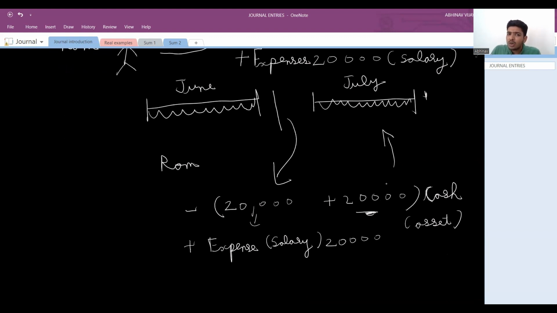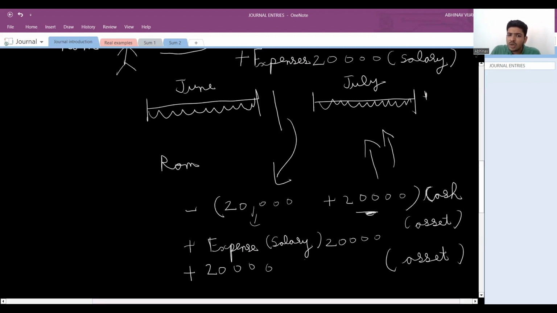So right now, this is not an expense. So what is it? Yes, it's an asset. Why is it an asset? Because of the definition given above. It is a value, the benefit of which will be taken in the future. In the future means in July. Since this entry is in June, July is the future.